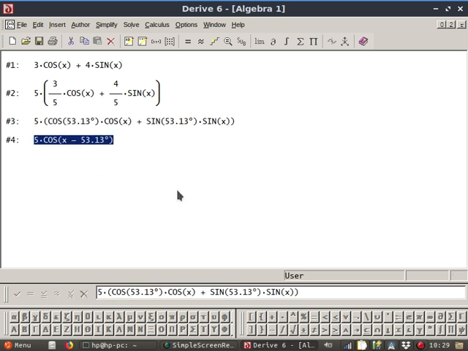That's the answer. But can we change to sine, cosine? Yeah, there's many answers.